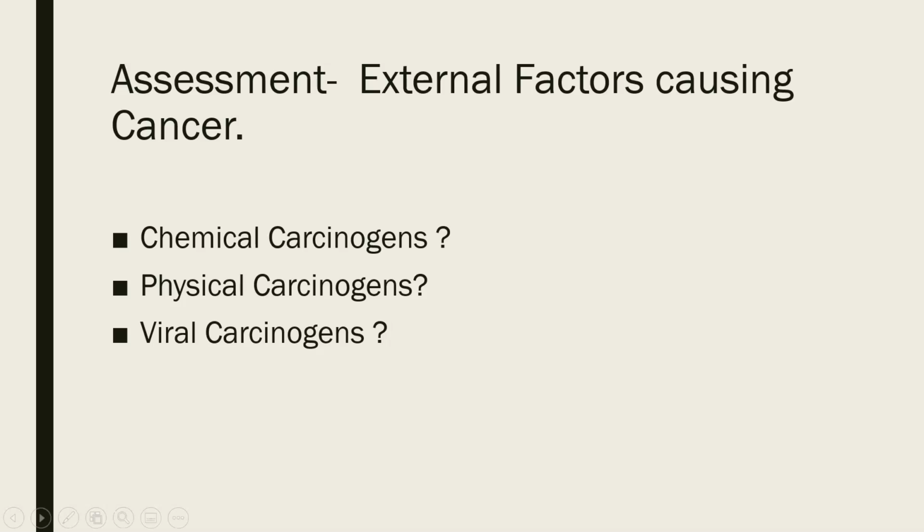But basically, for assessment purposes, I just want you to know what a chemical carcinogen is, what a physical carcinogen is, and what a viral carcinogen would be. Does that make sense? As far as knowing the very specifics, not so much. Just know that with physical carcinogens, I would be talking about radiation with the UV lights, okay?